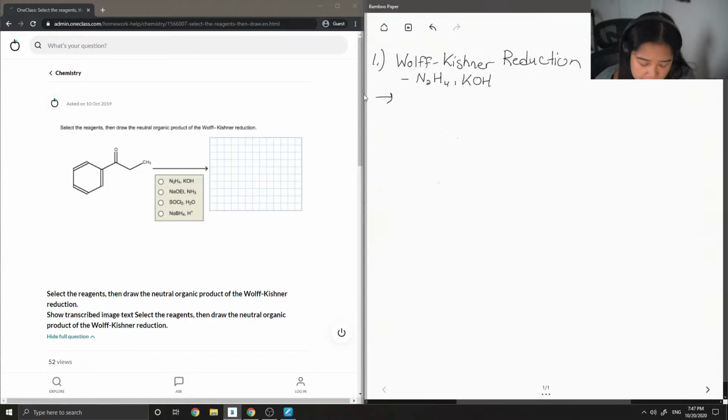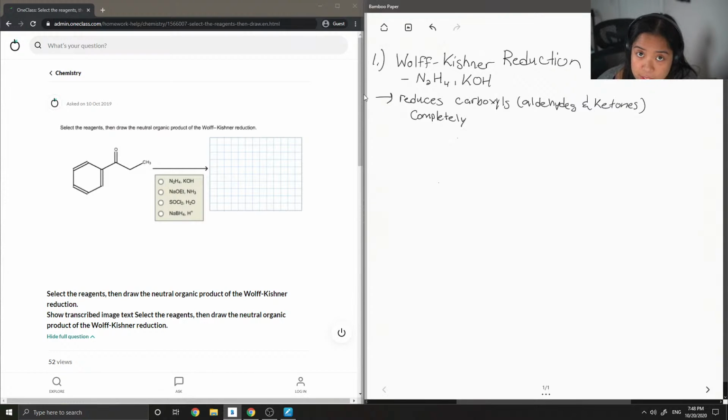And basically what this reduction reaction does is reduce your carbonyls, such as your aldehydes or ketones, but it doesn't just reduce it to an alcohol.